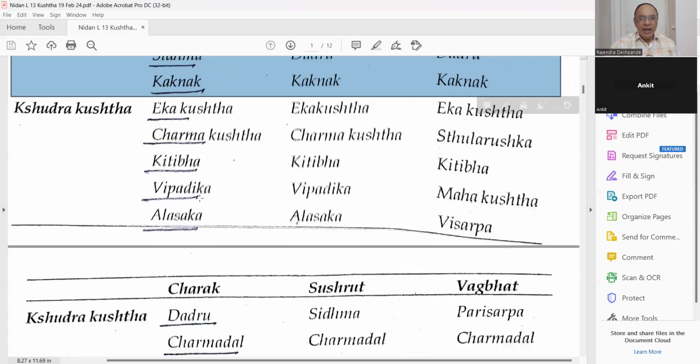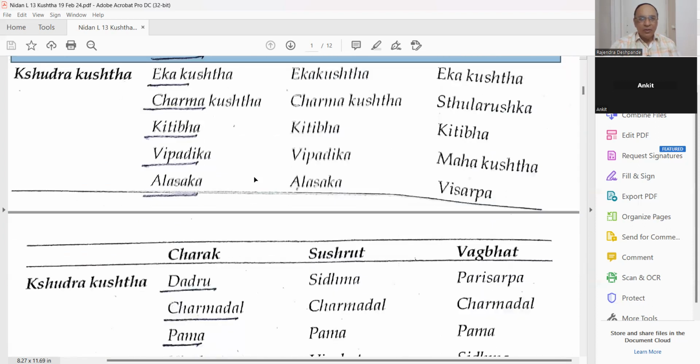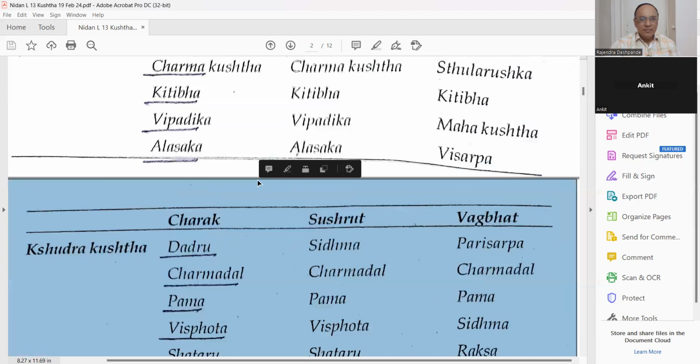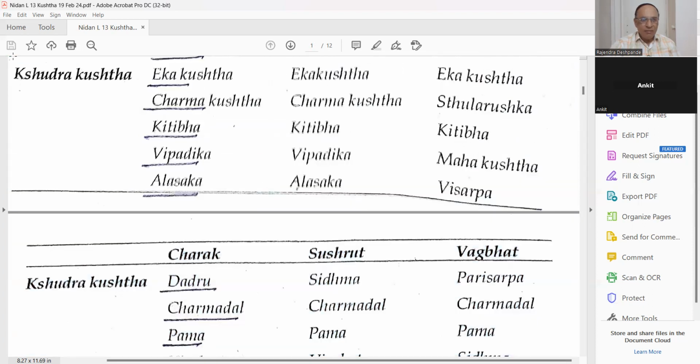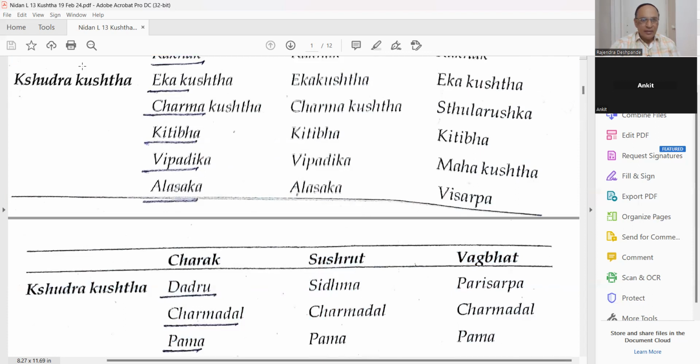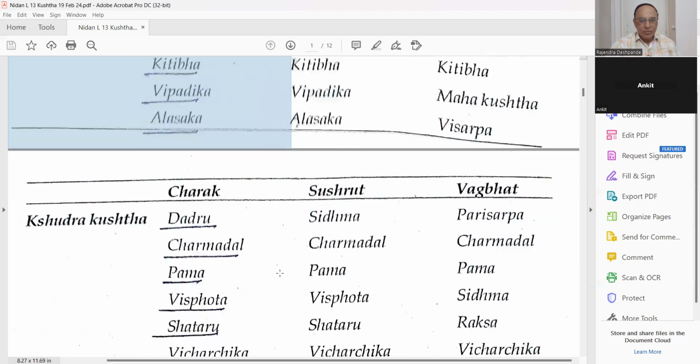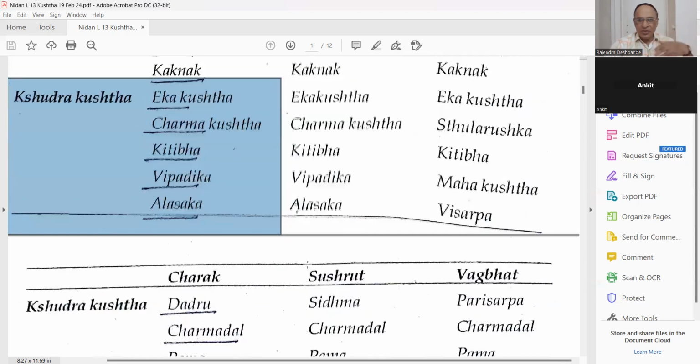Okay. Now I am requesting you to write down the 11 names of Kshudra Kushta. First, I will try to mark, and then if you want, you can write down. I'm sorry, because it is a second page. So, Ek Kushtha. First, you write down these 5 names: Ek Kushtha, Charma Kushtha, Kitibha, Vipadika, Alasaka.